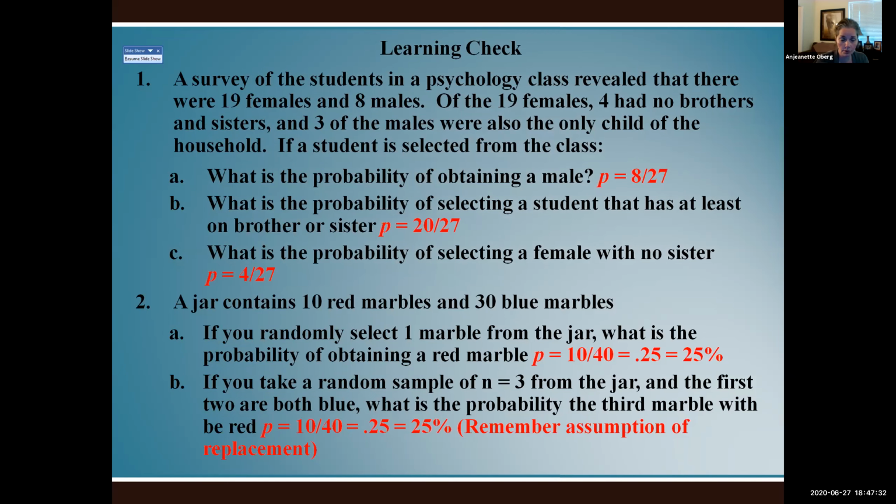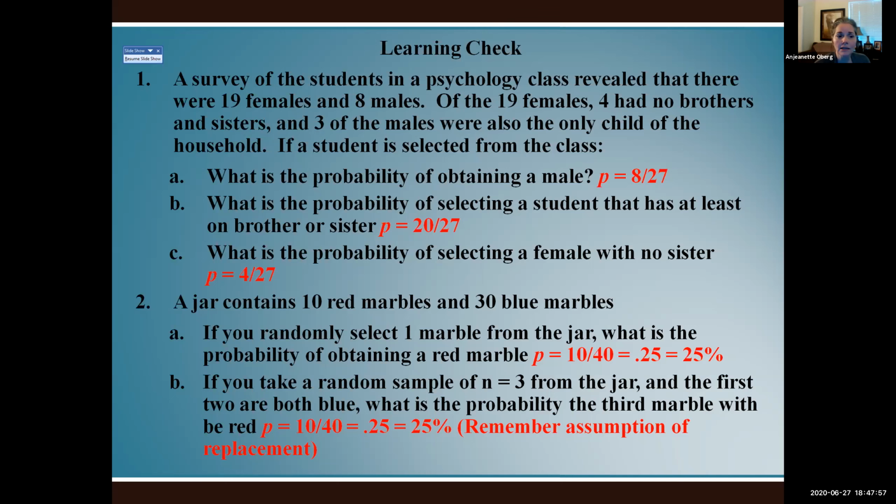Okay, so let's assume you started me back up. So let's read it. A survey of the students in a psychology class revealed there were 19 females and 8 males. Of the 19 females, 4 had no brothers and sisters, and 3 of the males were also the only child of the household. If a student is selected from the class, A, what's the probability of obtaining a male?